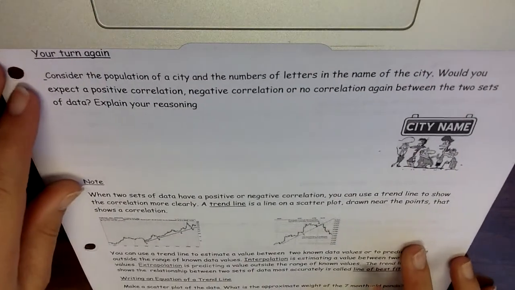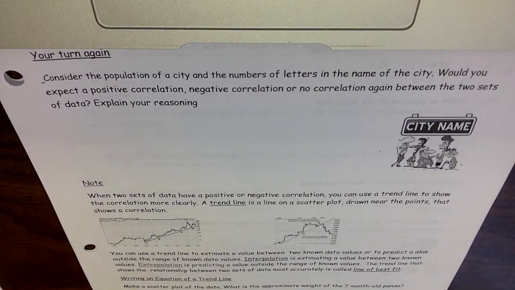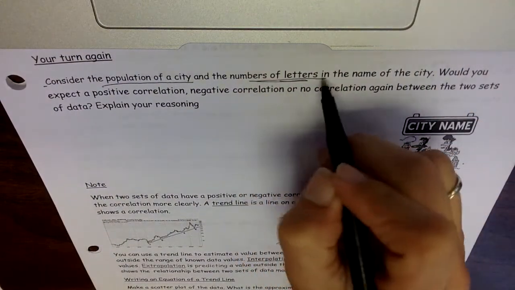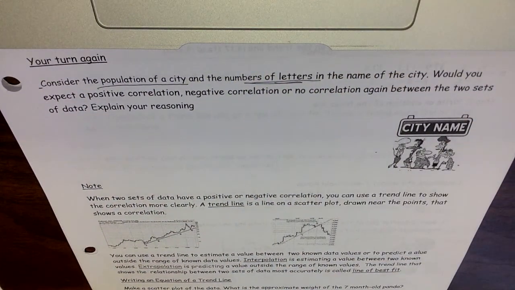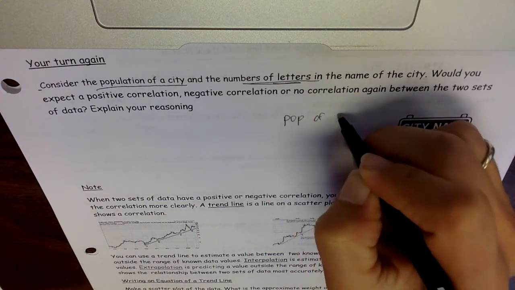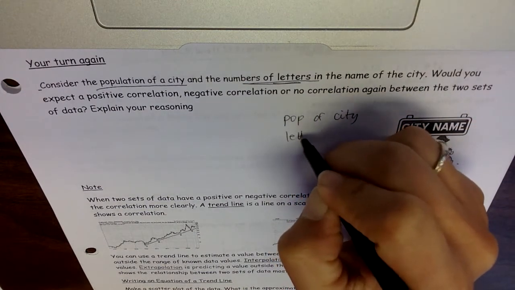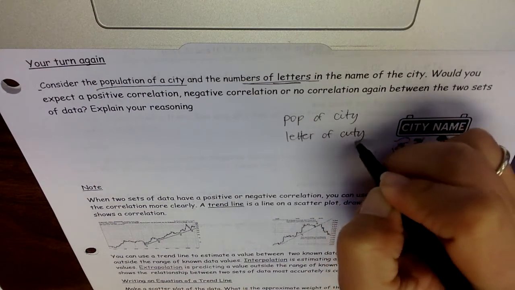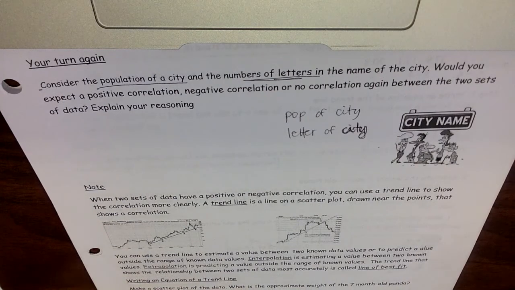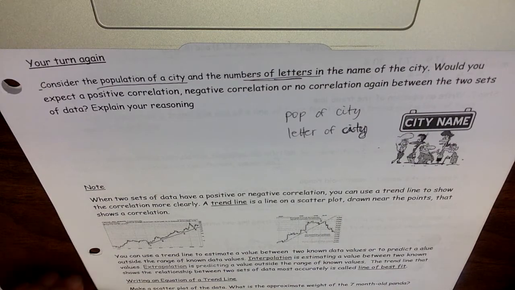Your turn again at the top. Consider the population of a city and the number of letters in the name of the city. Would you expect a positive, negative, or no correlation between the two sets of data? Now, maybe it's already coming to your mind, but what are some of the most populated cities that you can think of in the United States?